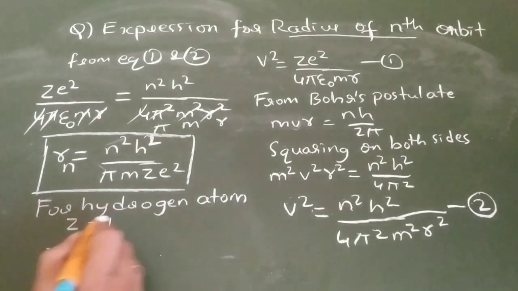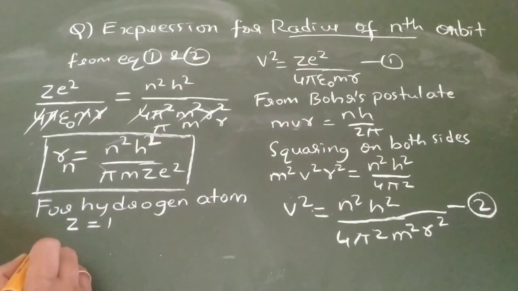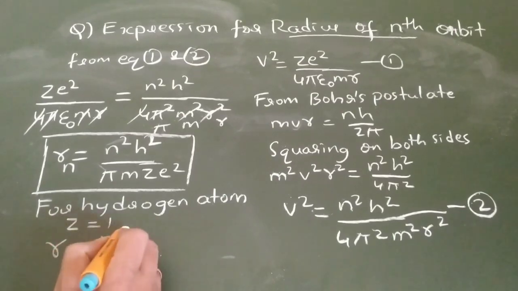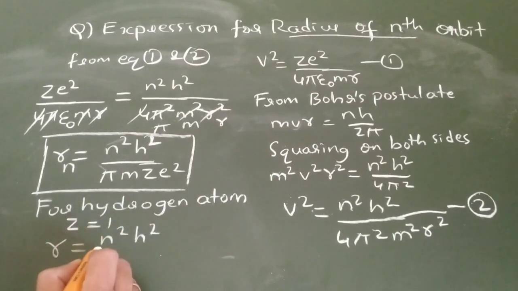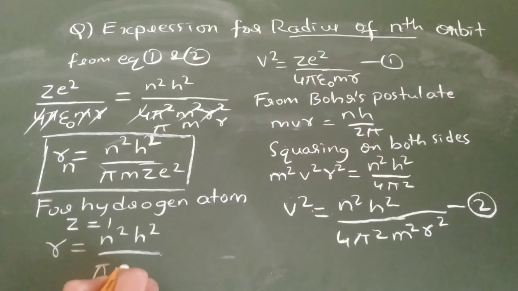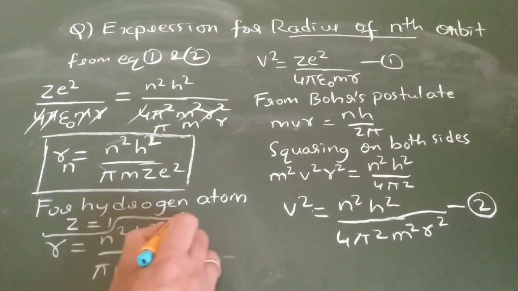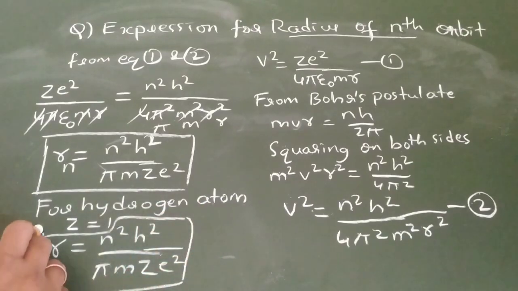So r n, z value is equal to 1. So you will get r is equal to n square h square divided by pi into m into z square. So this is an equation for hydrogen atom. This much you need to write.